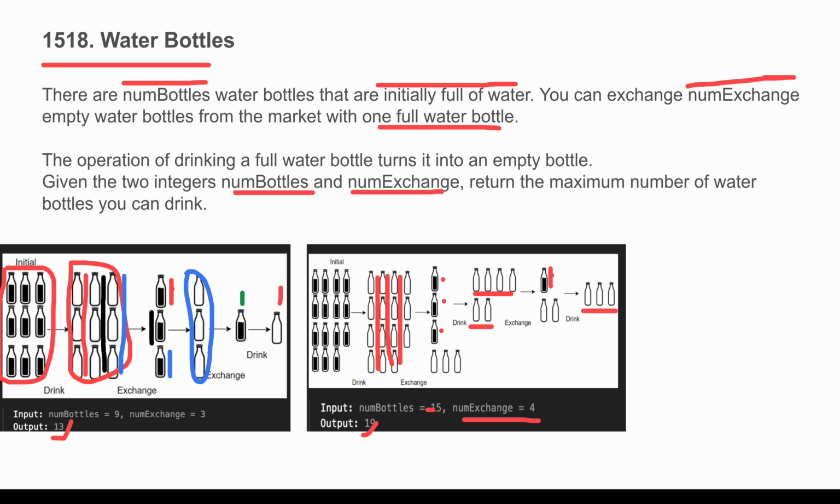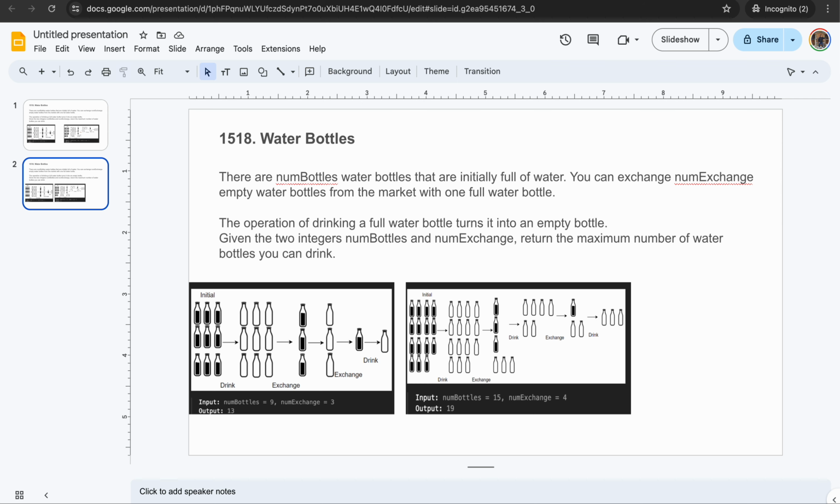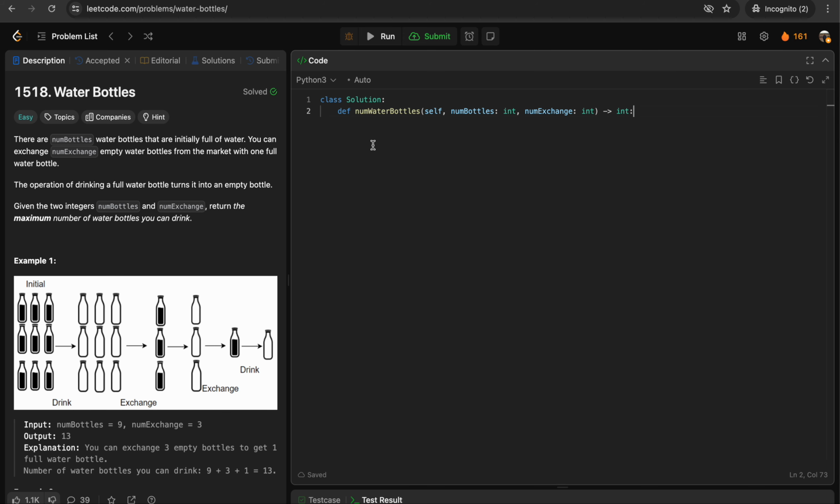So basically what we can do is, as long as the number of bottles we have is greater than or equal to the number of exchange, we'll add. Okay, let's go into the editor and see.